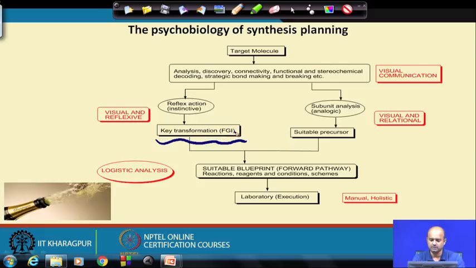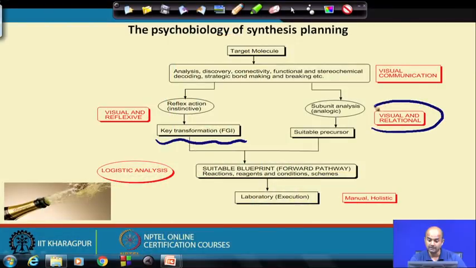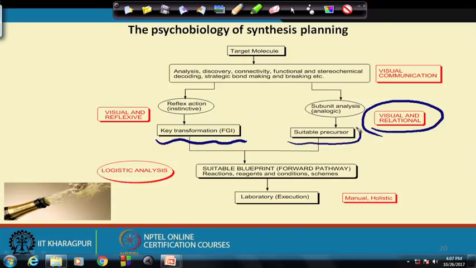Sometimes you need to analyze through a logical way. Once your visual part is done, then you go deep into the logic. Then what is the chemical logic? That is why it is called visual as well as relational. It means try to find the relation of which bonds can be made by which transformations, and then you try to correlate what suitable precursors are available to you, what commercial starting materials are available to you.